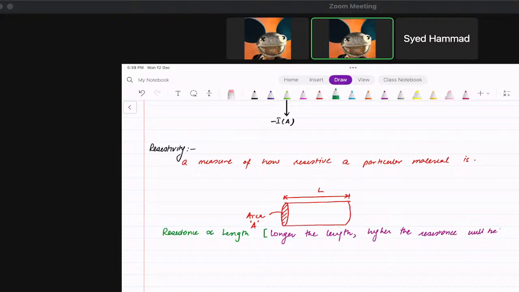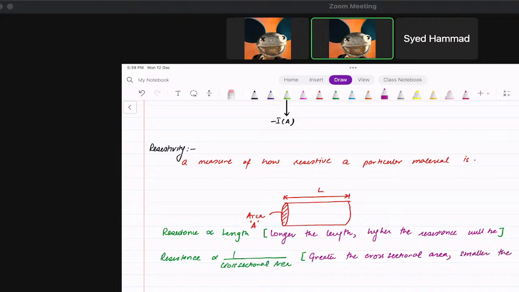And the other thing is that resistance is inversely proportional to cross-sectional area, which means that the greater the cross-sectional area, the smaller the resistance.